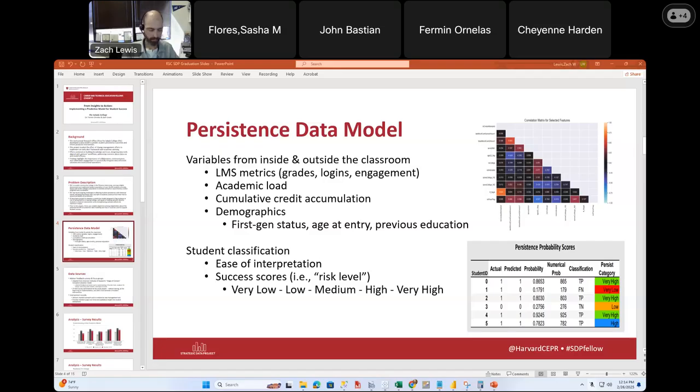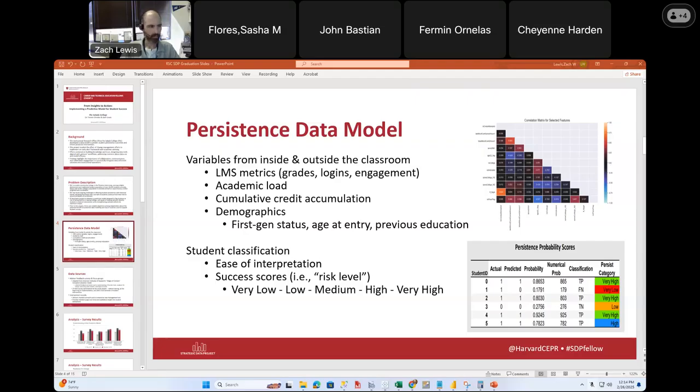Students get classified as very low, low, medium, high, and very high, and these categories get a color. Very low gets red, low gets orange, medium gets yellow, high gets blue, and very high gets green.